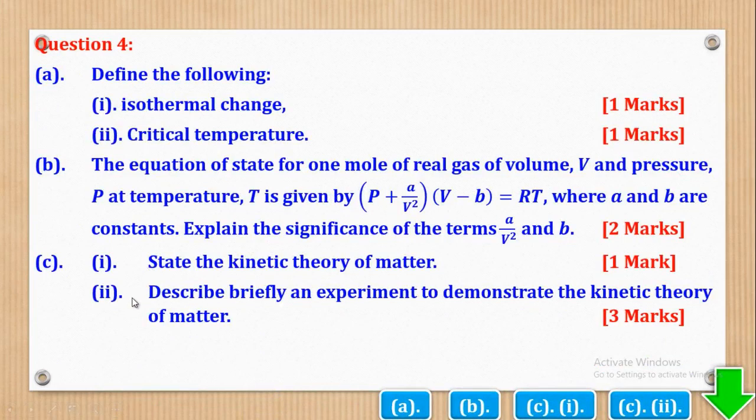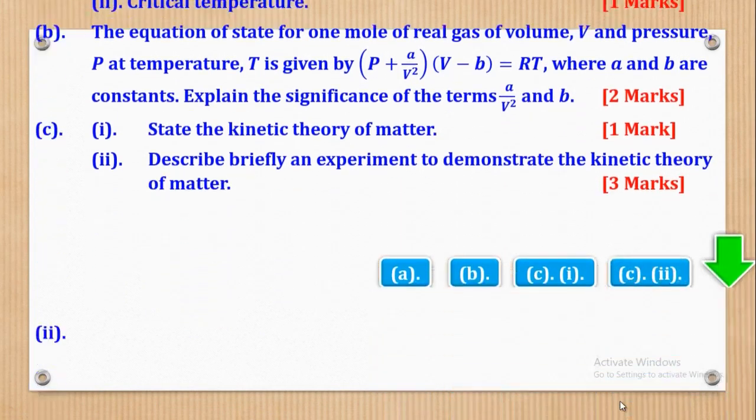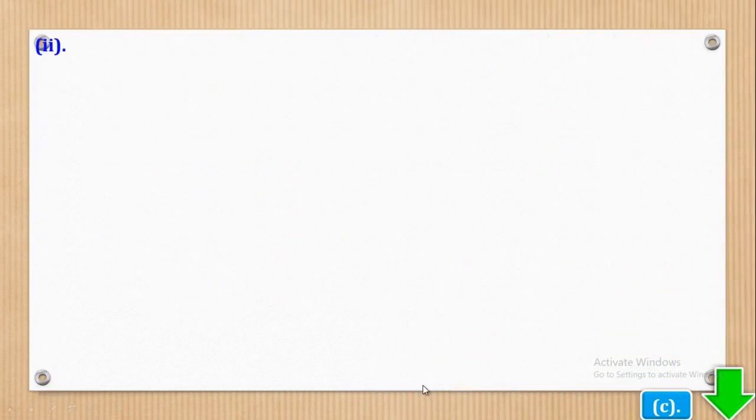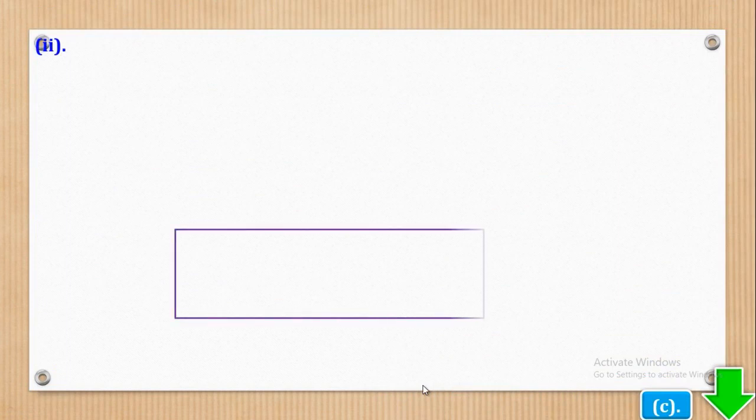So C Roman 2 says, describe briefly an experiment to demonstrate the kinetic theory of matter. So such a question is also easily done by making a sketch. So we shall make a sketch here.